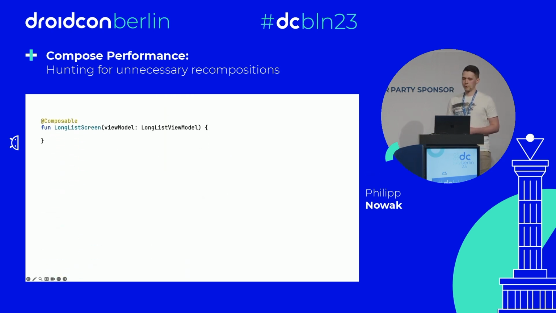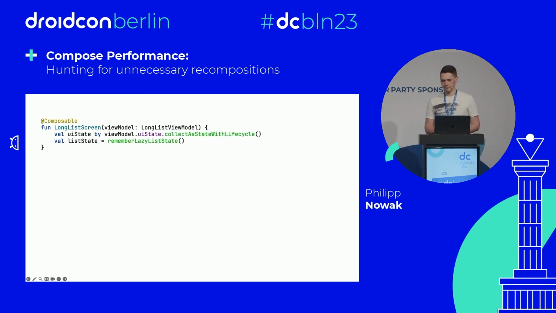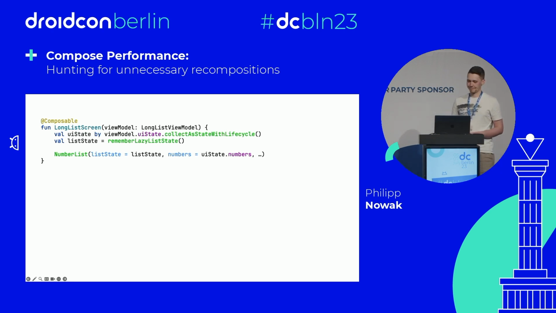We got our composable function called longListScreen, which has a viewModel parameter, and this viewModel provides our UI state. In addition, we are remembering some lazy list state here. Then we have a child composable called numberList, which takes this lazy list state and the list of numbers from our UI state.